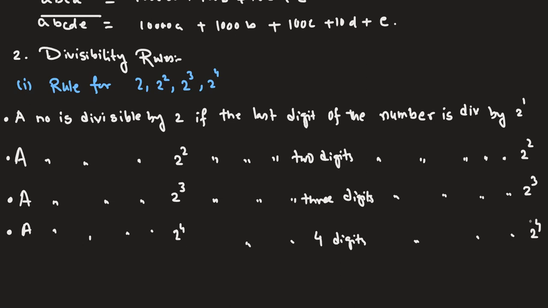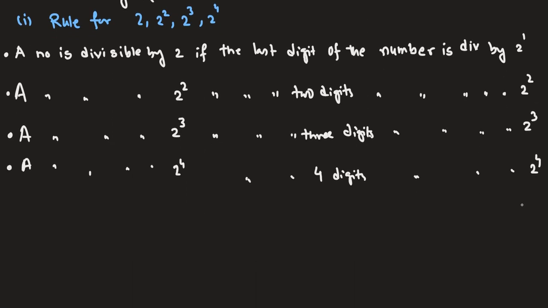Now the question arises, why is this rule working? What is the reason? What is the logic behind it? So now consider some examples. Consider a 3-digit number, 112. What we say is that if the last 2 digits are divisible by 2 square, then the whole number is divisible by 2 square.